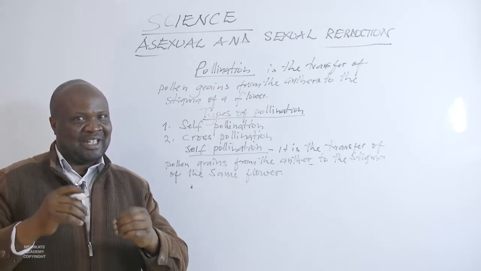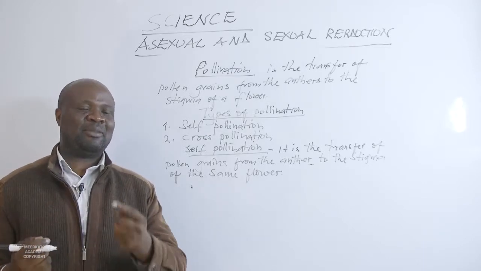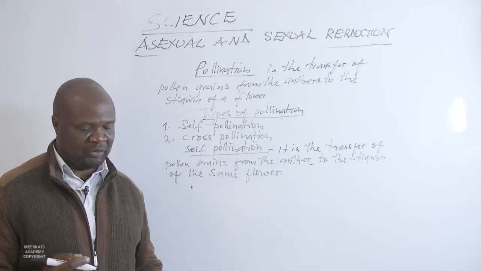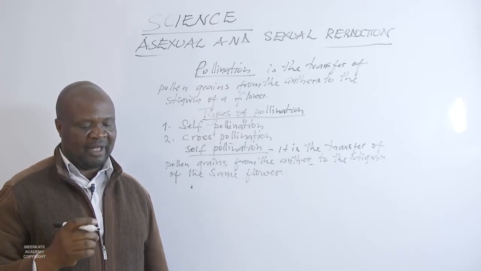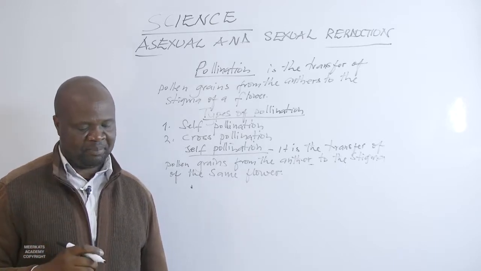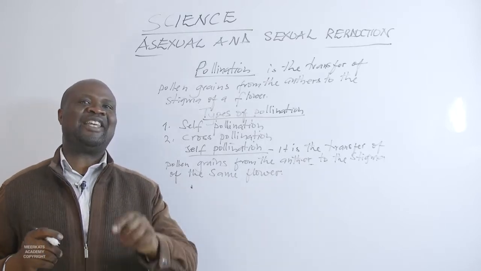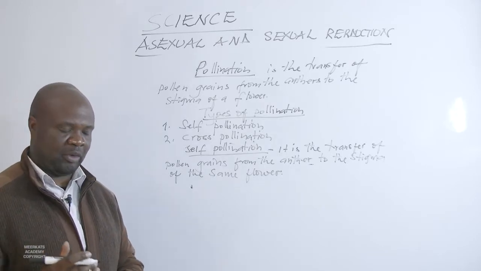It is the transfer of pollen grains from the anthers of one flower to the stigma of another flower of the same plant. Maybe we can write that situation so that we remember it.